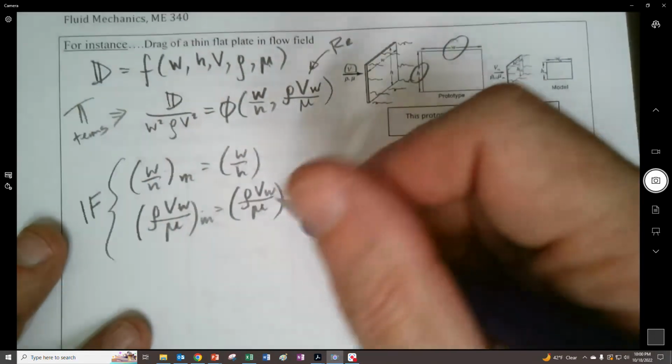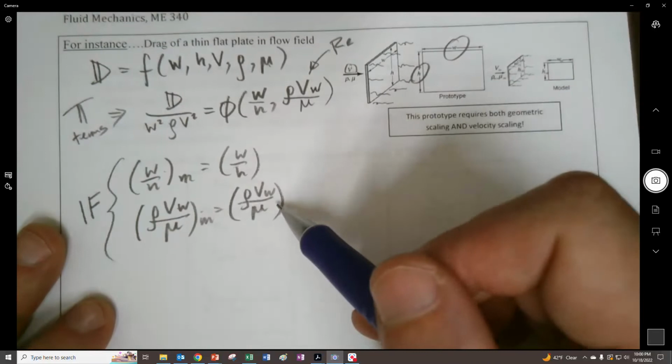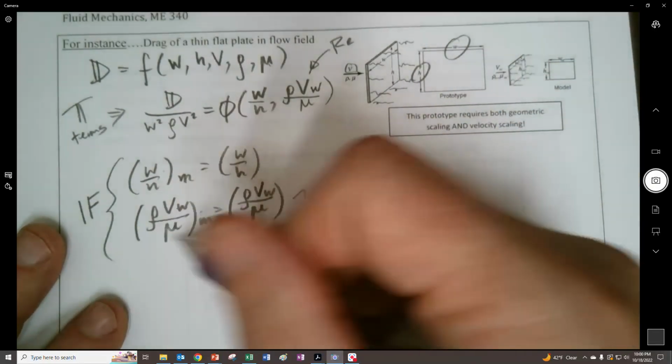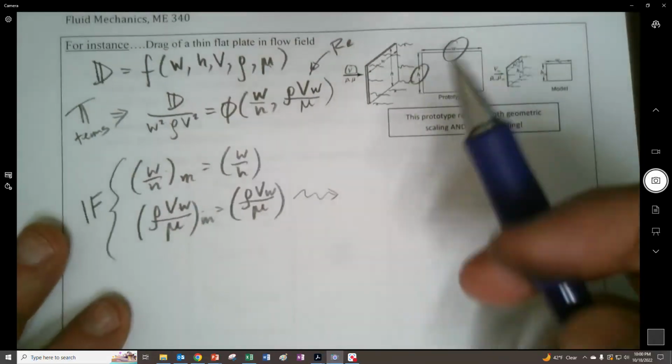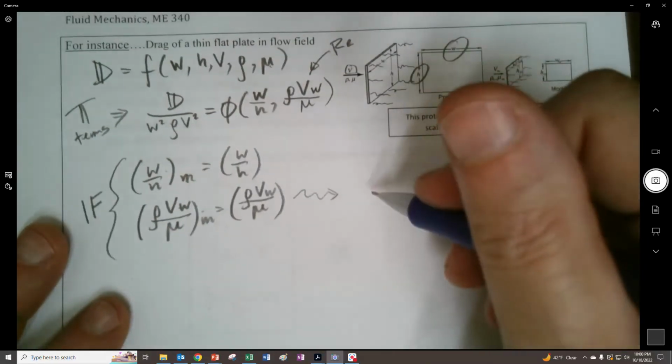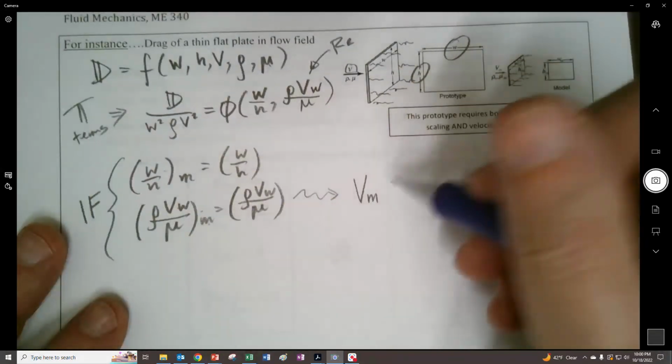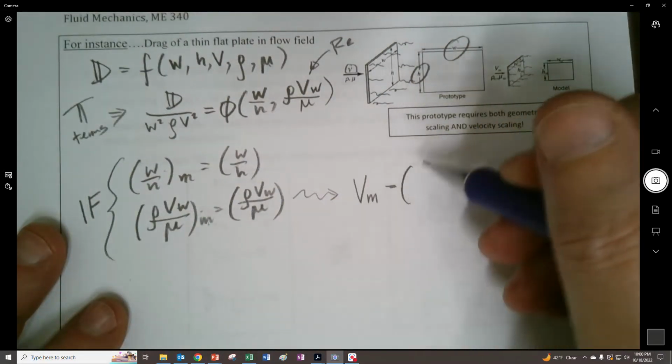If that's true, and by the way, let me point out that these things can be used to make a scale. So we could say that we have the velocity of the model, putting an m as the subscript.